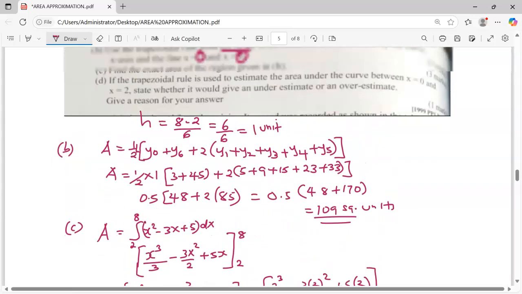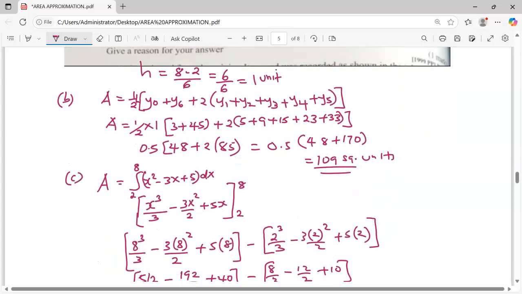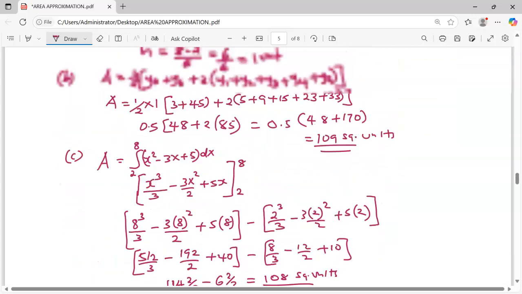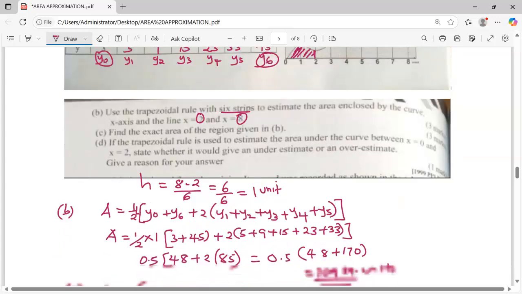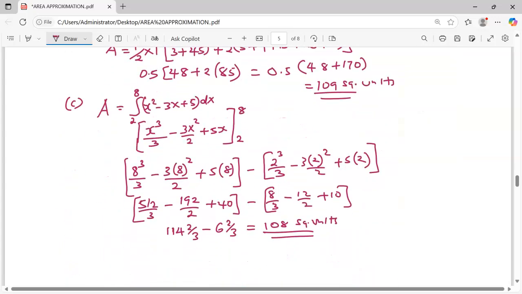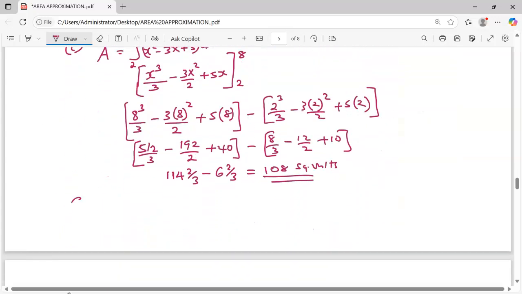In this case, if we use the trapezium rule between the regions x equals 0 and x equals 2, you realize the region is around this region here. And remember, this region is below that particular curve, meaning it would be an underestimate.